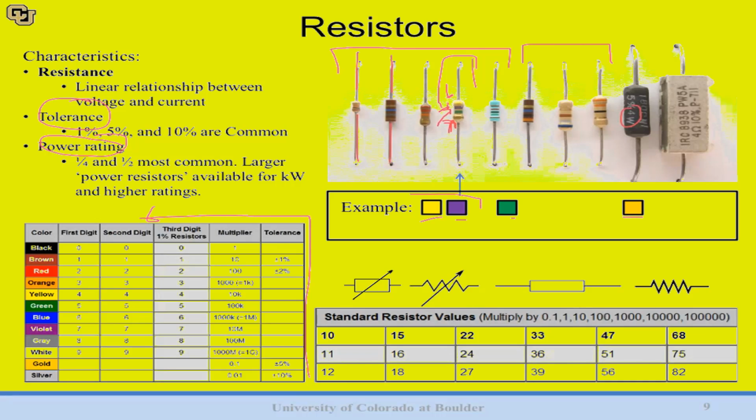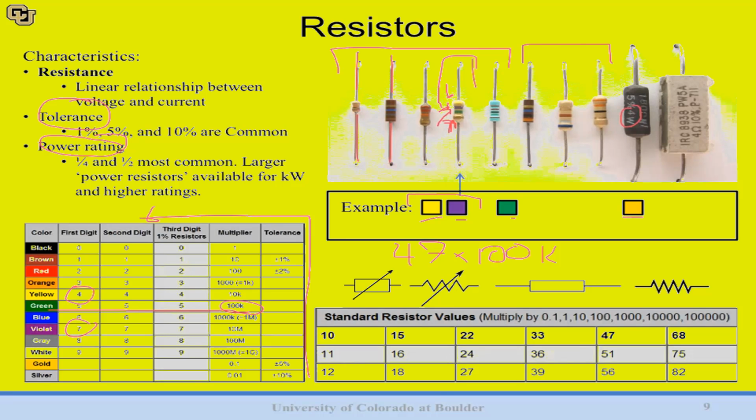The first 2 color bars are just going to give us a number, and here we have yellow, so that's 4, and then purple or violet is 7, so we've got 47, and the third color bar gives us a multiplier. So the third color bar is green. Green is going to be a multiplier of 100K, so 47 times 100K is going to be the nominal value of our resistor.